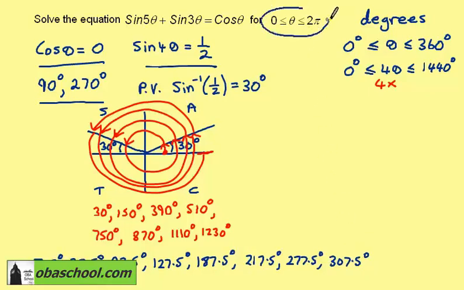We want the solution to be in radians. To convert from degrees to radians, we multiply by π and divide by 180, and we need to do that for each of our solutions.